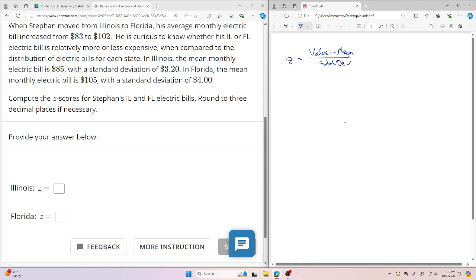Okay, so I'm looking around, and they say average monthly has increased from this to that. He's curious about what's going on. And if you've done this problem at all, you're just doing the same thing you did earlier on the homework. So 83 minus 85 all over 3.20, and you'll get a number. And the other guy is going to be 102 minus 105 all over 4.00.